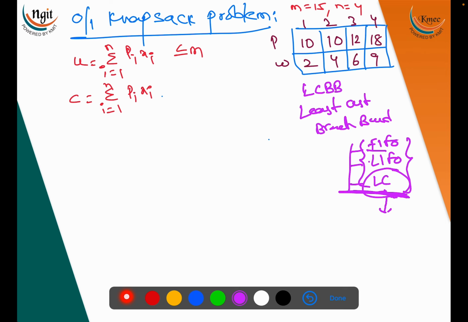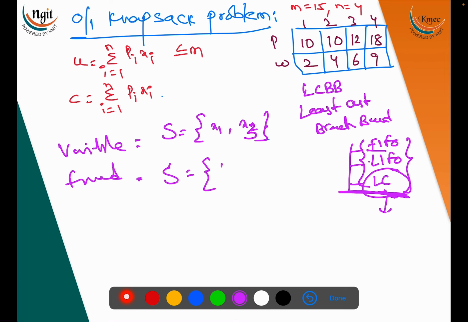The solution for this problem can be written as a variable size solution or a fixed size solution. Variable size solution means which objects I placed in the bag. Let us say x1 and x3 is my solution. Then what is the fixed size solution? 1, 0, 1, 0. Whichever object is placed in the bag, for that object we'll place 1.